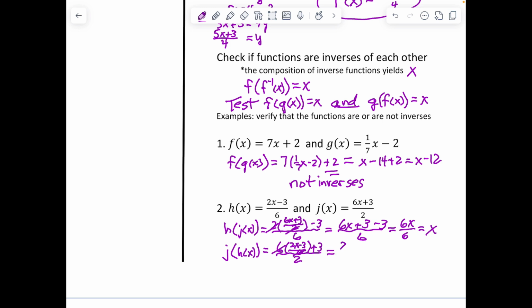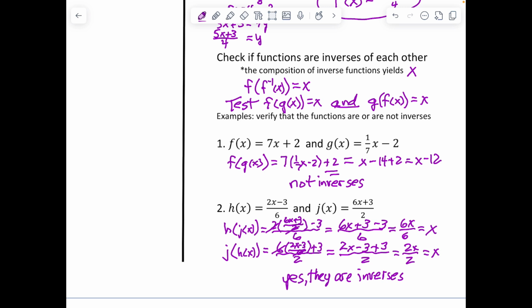You end up with 2x minus 3 plus 3 over 2. 2x minus 3 plus 3 ends up being just 2x over 2 is equal to x. So yes, they are inverses. That verifies that they're inverses by checking both the h of j of x getting x and the j of h of x getting x.